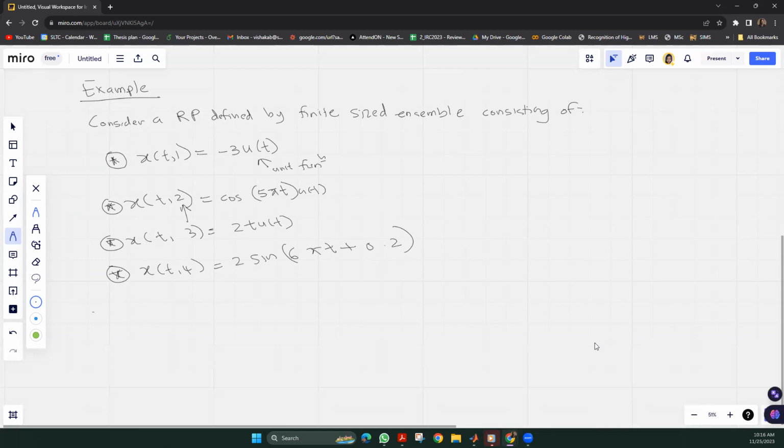We are asked, first question, to draw the ensemble. Second question is to find the sample space at time t equals 0.2.